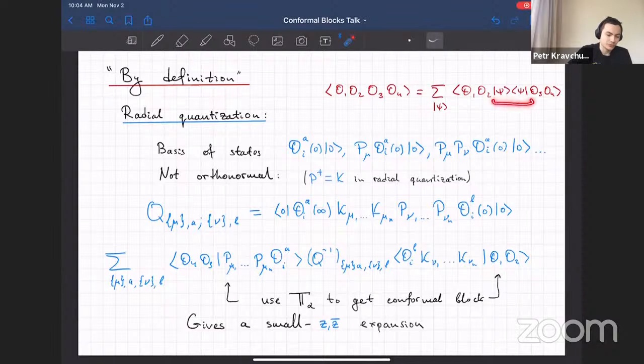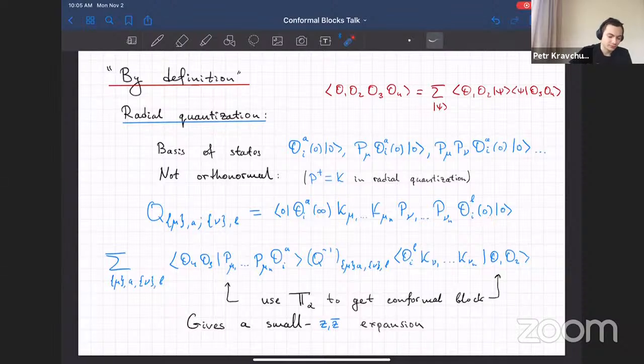To compute the resolution of identity in terms of the states, we need to compute the matrix Q of inner products between them. So we take the state created by O and a bunch of P's, and we take its conjugate state, where the conjugation replaces P's by K's and sends O from 0 to infinity.